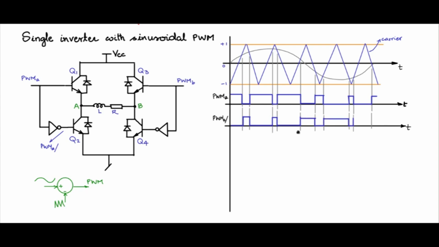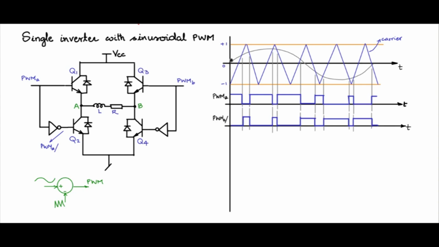So this is PWM A bar. So we have the switching pattern for the arm 1, the A arm, Q1 and Q2, given in these two fashion. Likewise, we should generate Q3 and Q4 also.